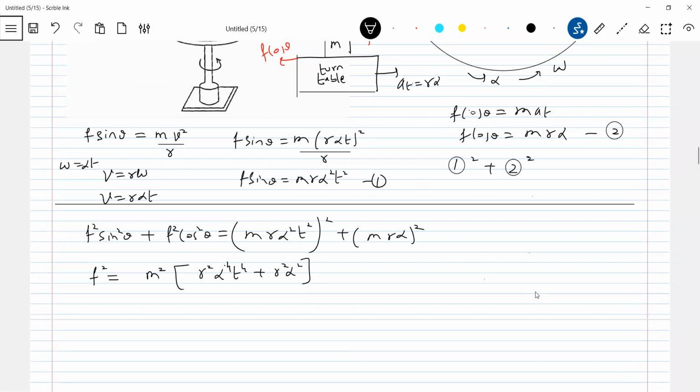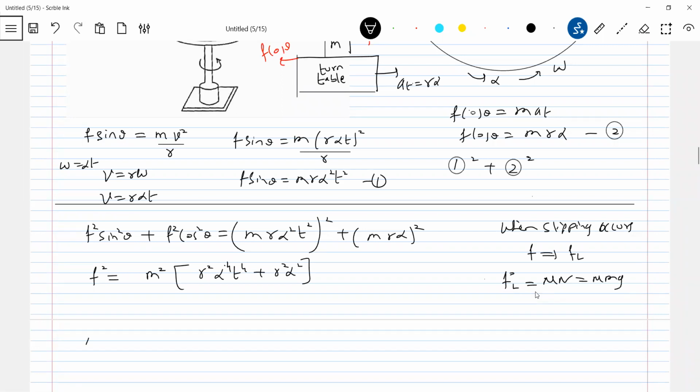So therefore, when slipping occurs, F should be F limiting. So I'll calculate that time t naught. So here, what is FL? FL should be equal to mu N, mu mg.